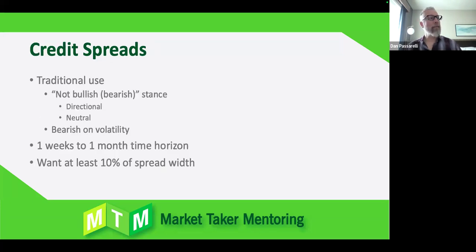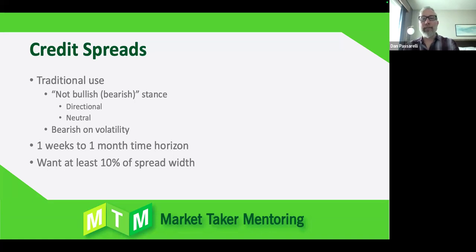Okay. So when it comes to credit spreads, the traditional use of them is what I like to call a line in the sand trade. If it's a put credit spread or a call credit spread, that just depends on the direction.